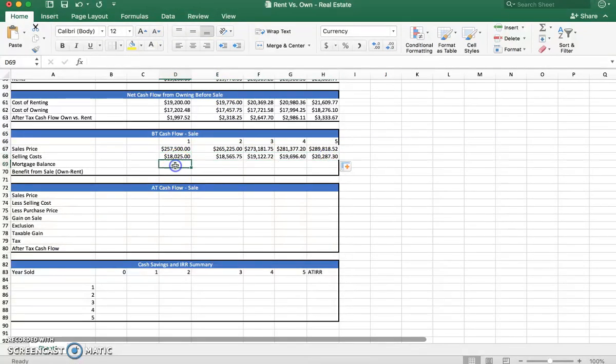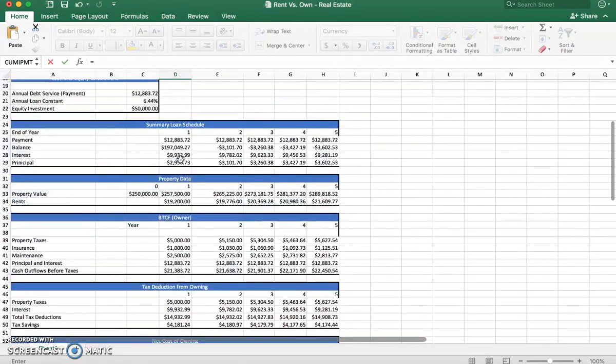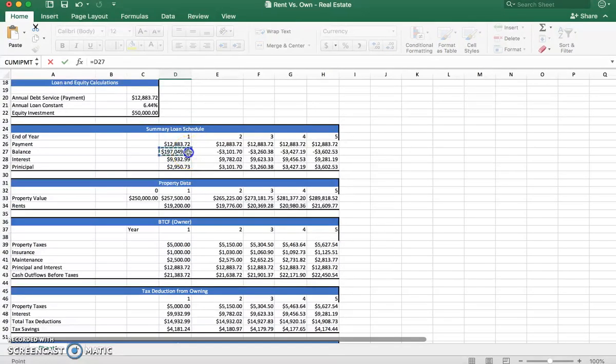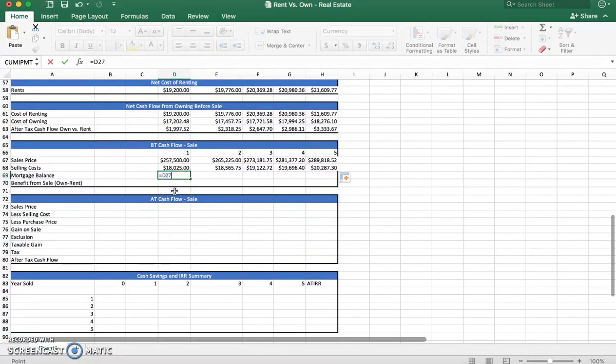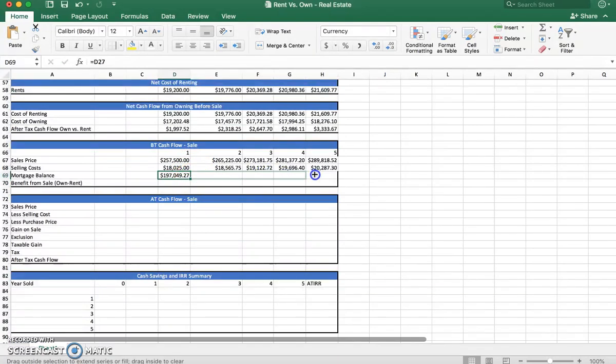Perfect. Alright, so the mortgage balance, that's going to be the balance from the summary loan schedule. We've created this before as well. Let's go to the summary loan schedule, balance of year one. Enter.